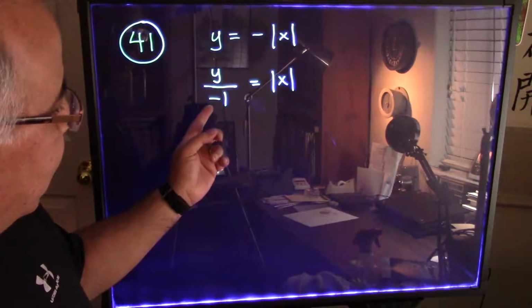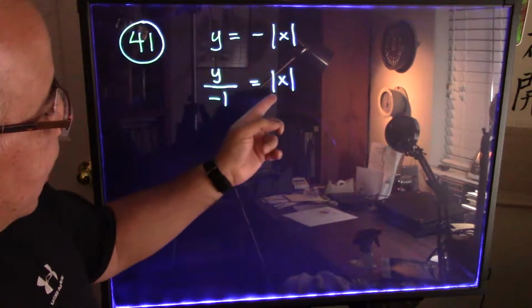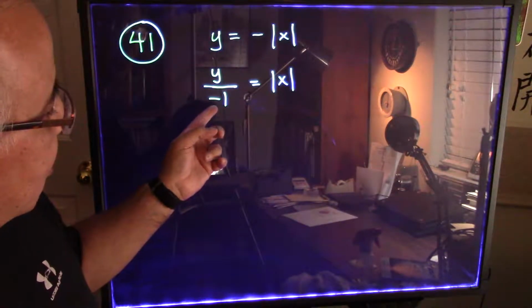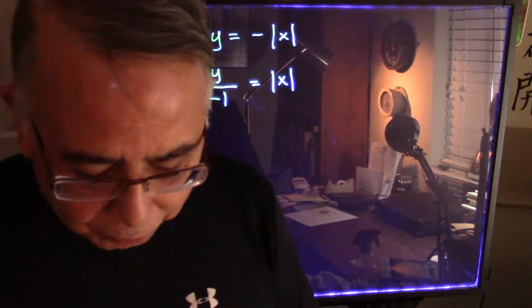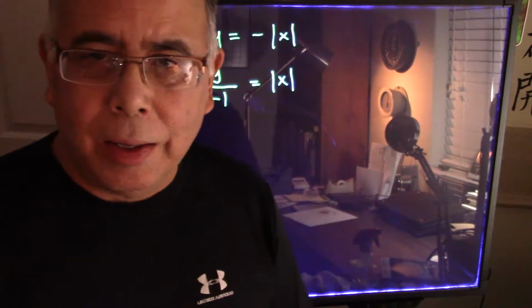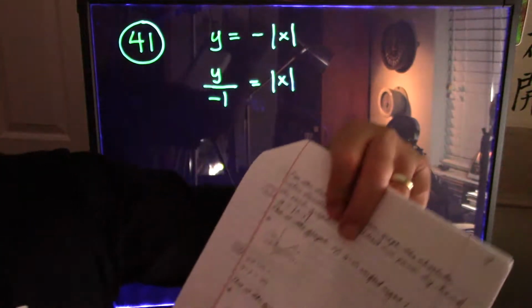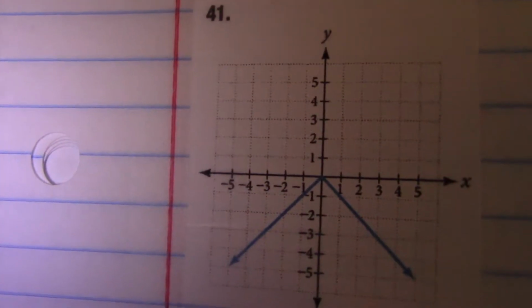It's just causing the y coordinates, you can think of multiplying the y coordinates in the original y equals absolute value of x. Multiply each y coordinate by negative 1, and all it does is change the sign of each y coordinate. It doesn't change its magnitude. Alright, so here's what you'll get right there.